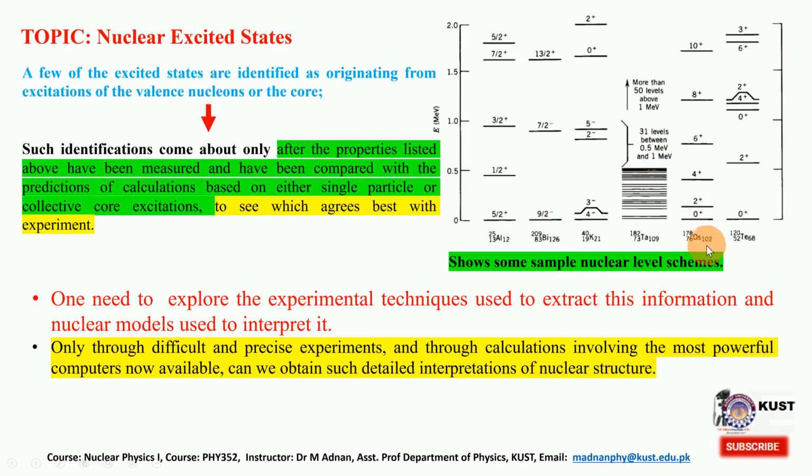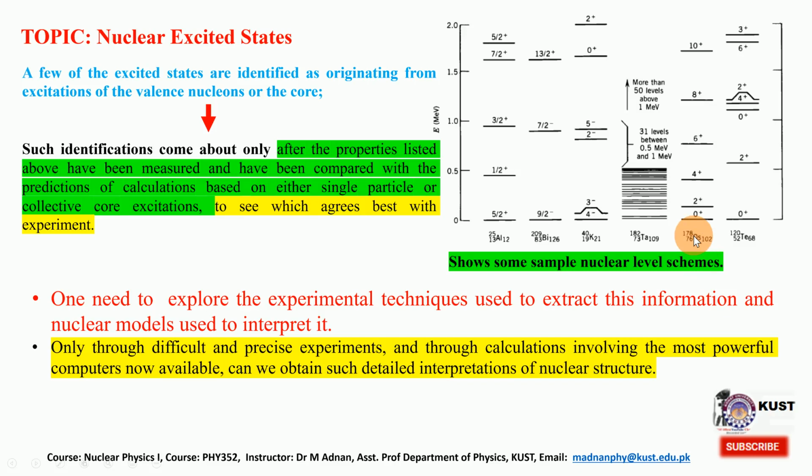Now here, if we see, there is a regularity associated with the levels of O-178. For example, this one, there is a regularity. All the states again have even parity. That is the case when all are even Z, even N, for example this one, in the range, let's say, the nucleon number is between 150 and, let's say, 190.